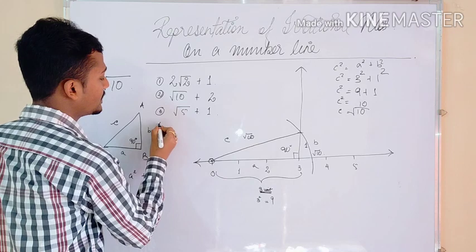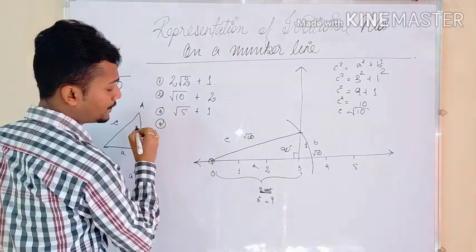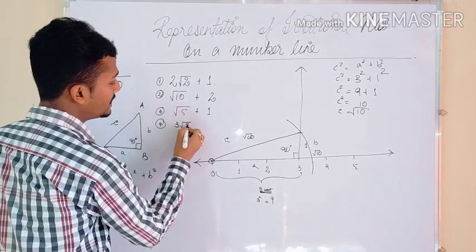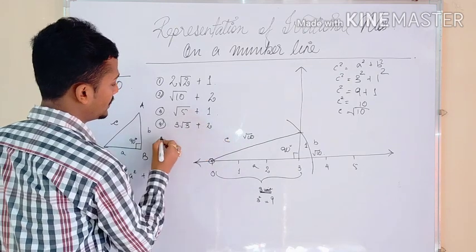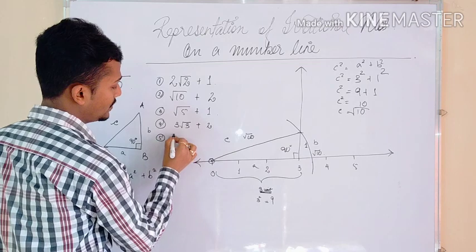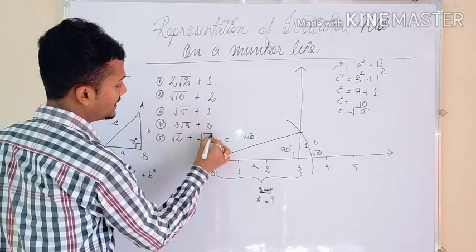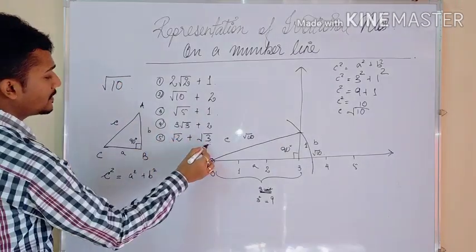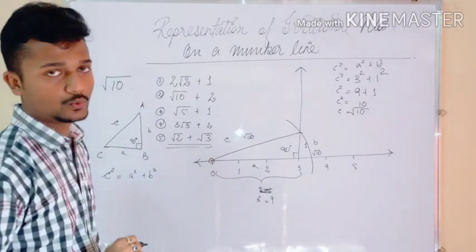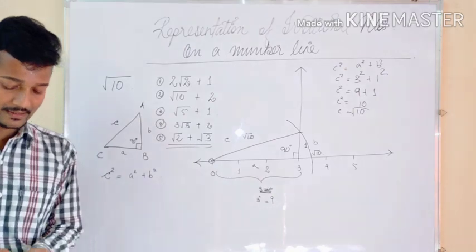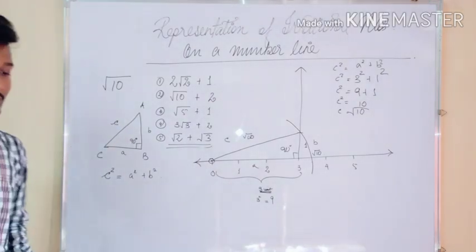Simple questions I am giving. Then 3 root 3 plus 2 and root 2 plus root 3. This particular question, think and try to do. Okay. Note it down.